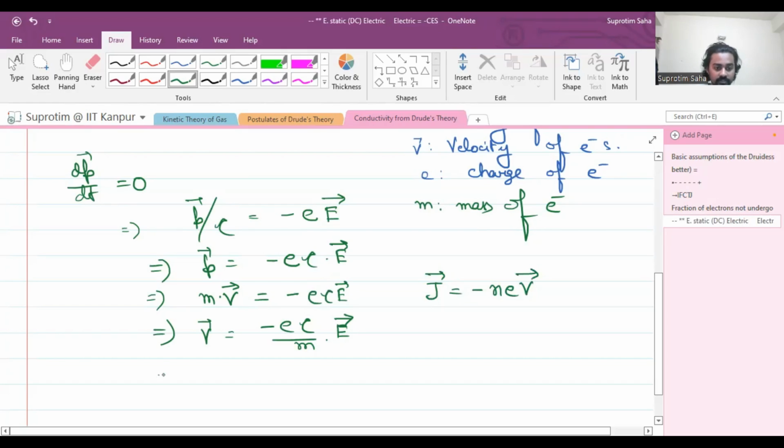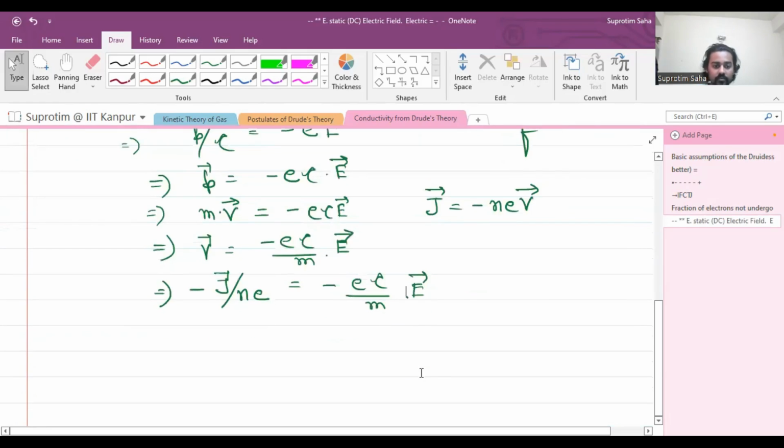Let's just put this bookkeeping stuff. v is given by minus j vector by n e equals minus e tau over m times E vector, which finally reduces to j vector equals n e squared tau over m times E.